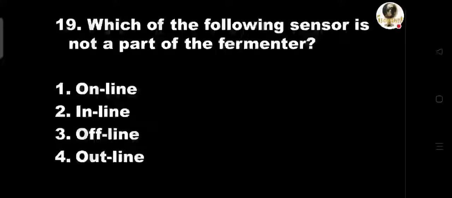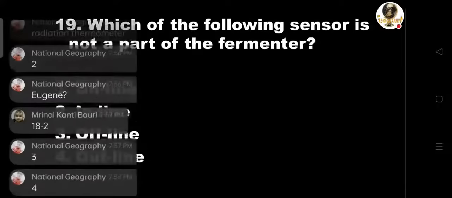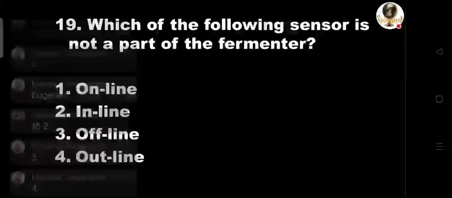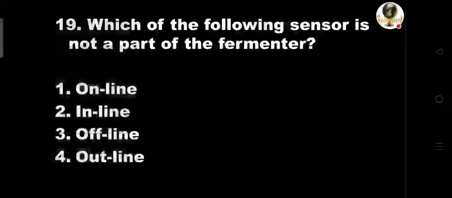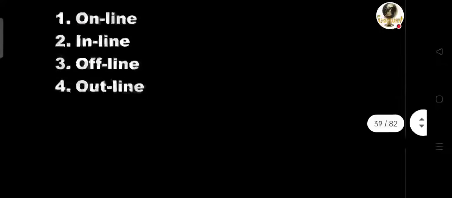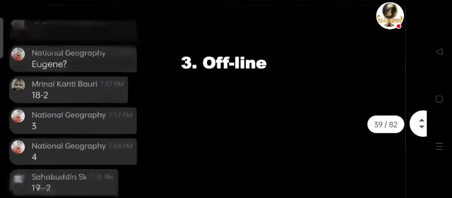Offline sensors are sensors that are not an integral part of the fermenter. The measured value must be entered for data collection. The online and inline sensors are an integral part of the fermenter. So the correct answer is offline.